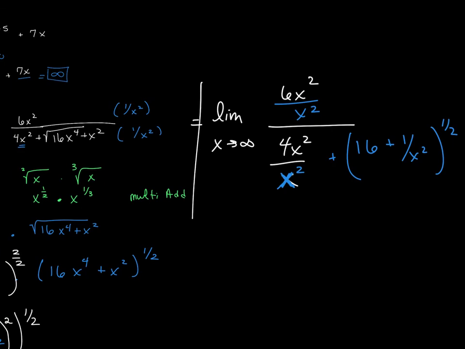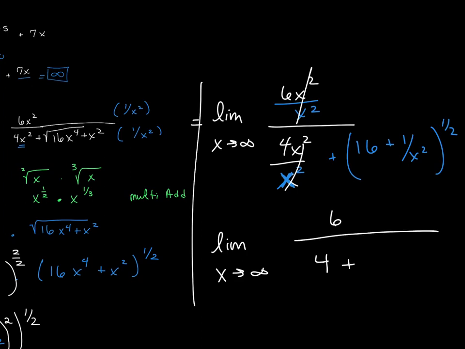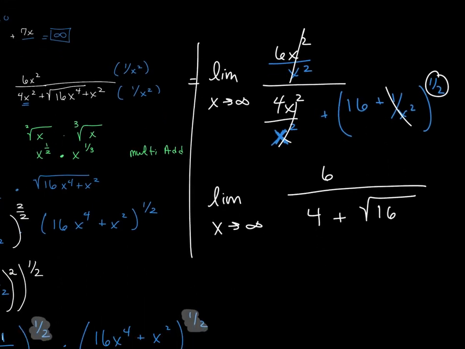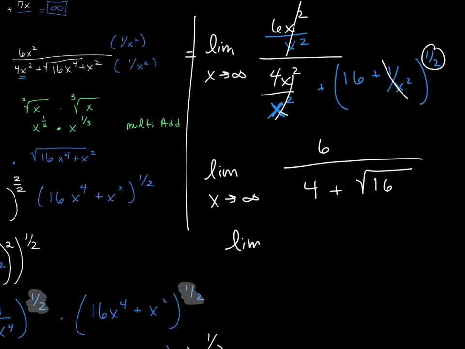So from here, the x squareds cancel in the numerator, so now I have the limit as x approaches infinity of 6 all over 4 plus the square root, and that is 16, and that 1 over x squared also approaches 0. So now I just have the limit as x approaches infinity of 6 over 4 plus 4, which is equal to 6 over 8, or 3/4.